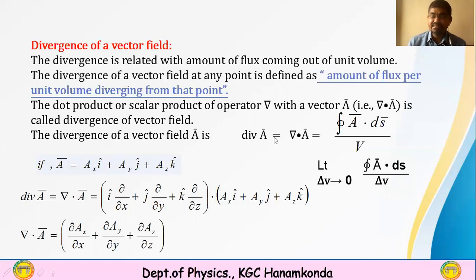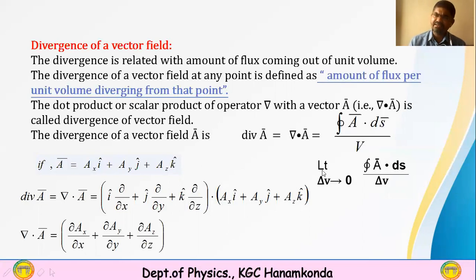Therefore, the divergence of a vector field is written as div A bar, equals del dot A bar, equals the integral of A bar dot ds bar divided by volume V. This is nothing but the divergence of the vector field.